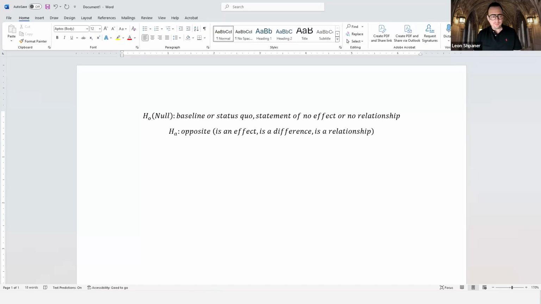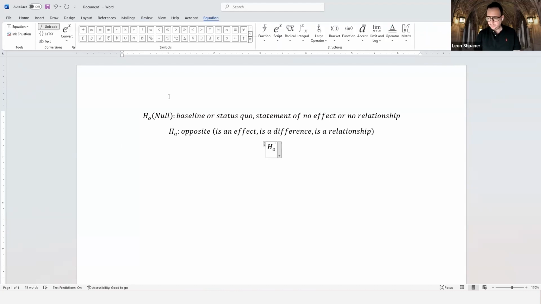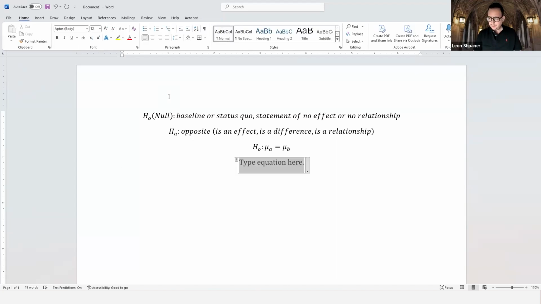And so in establishing these statements, you can come up with some examples. For your null, you can say the mean of group A is equal to the mean of group B. You can do it like this: mu of group A is equal to, and notice I'm using the equal symbol here, the mu of group B. So that's your null.